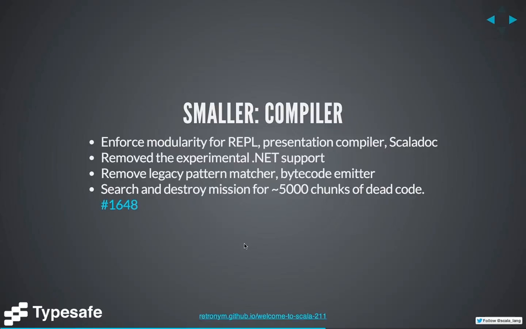Through the work in Scala 2.10, we'd applied renovations to the implementation of the pattern matcher and to the bytecode emitter. And in Scala 2.11, we've removed the old implementations of those. In Scala 2.10, they were shipped behind a flag, so people could fall back to them in case they encountered some unforeseen bug in the new implementation.